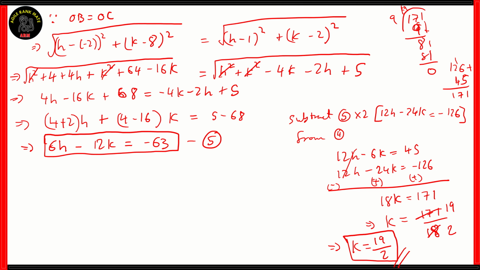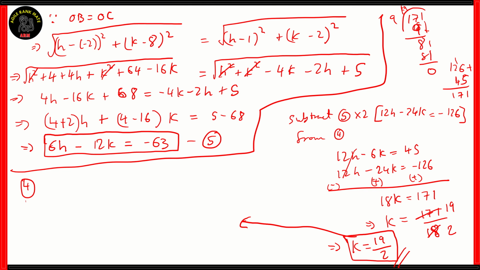We're going to substitute that in equation 4. So that is 12h minus 6 times 19 over 2 gives you 45. That means 12h minus 19 times 3, which is 57, equals 45.